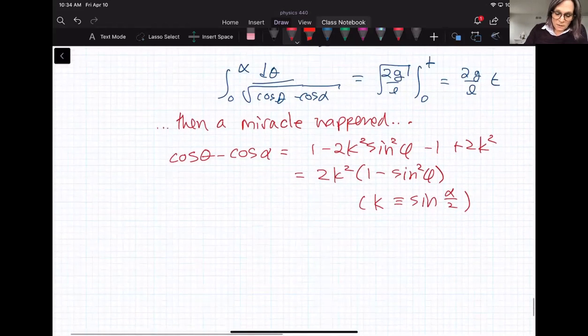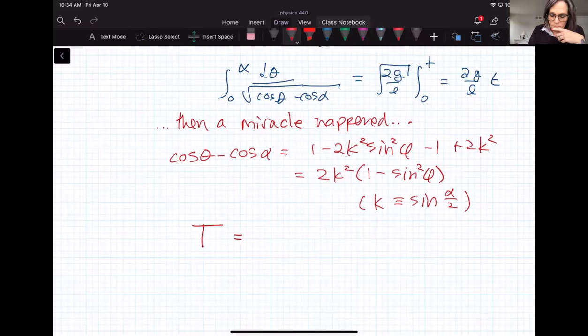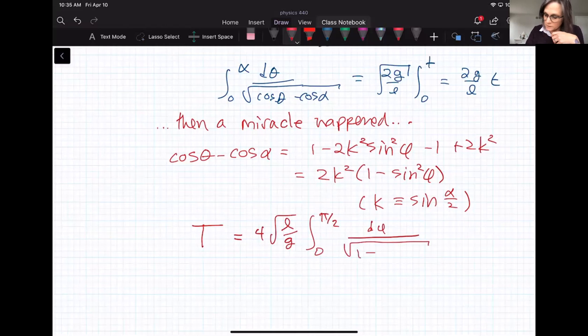What is this bias? Well, eventually we can write, remember the period that we're solving for, we're basically solving for 1/4 of the swing. T can be written as, putting everything on the other side, 4 times the square root of L over G times the integral from 0 to pi halves of d phi over the square root of 1 minus sine squared alpha over 2 times sine squared phi.